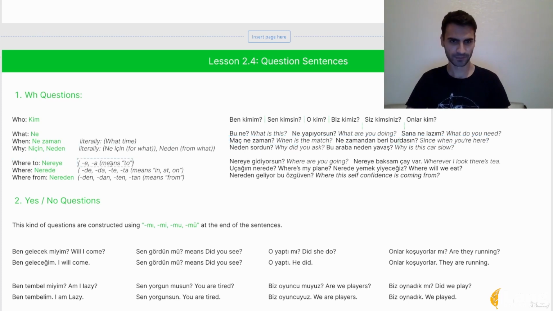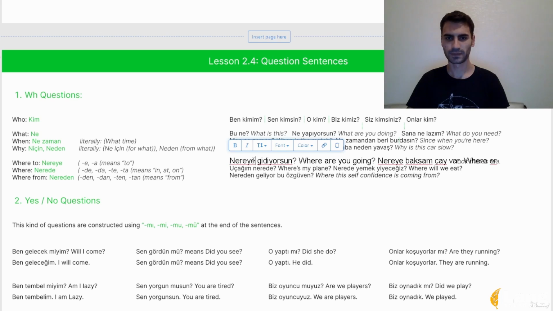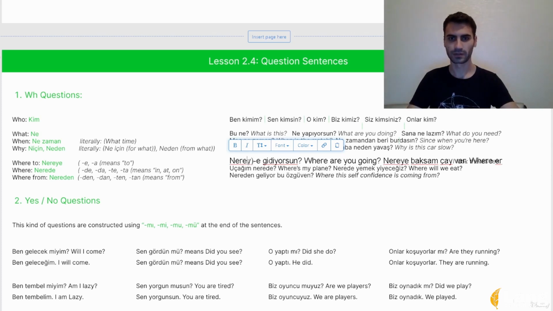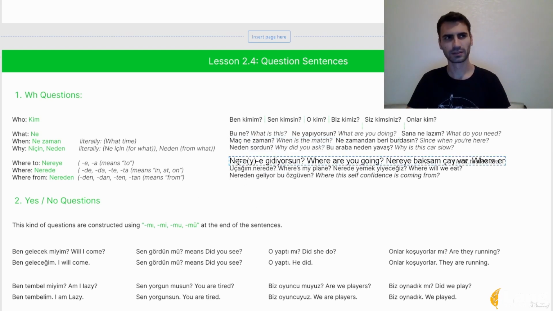Where to? Nereye? A means to. These are also suffixes. Nere, ye added. And to prevent repetition of vowels, we added ye. Nere means like which place, you know, like where, right?